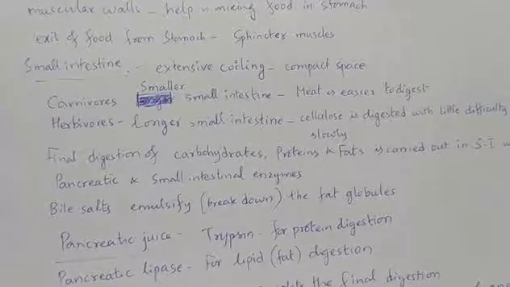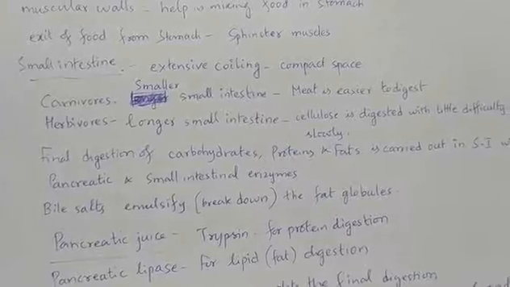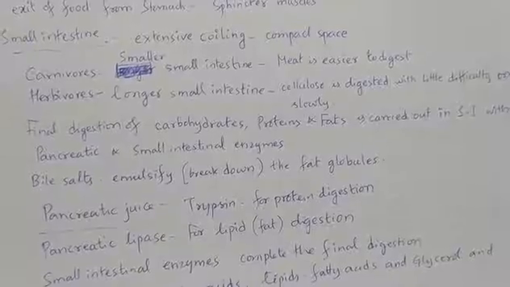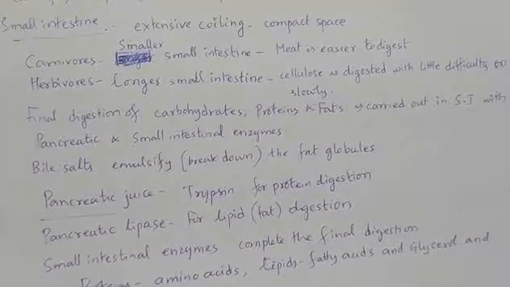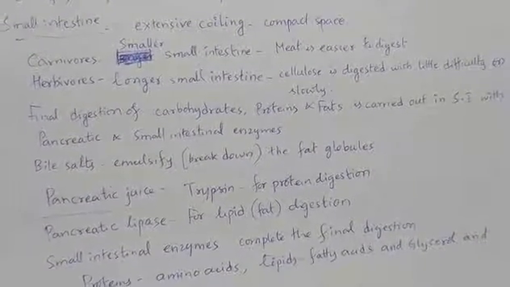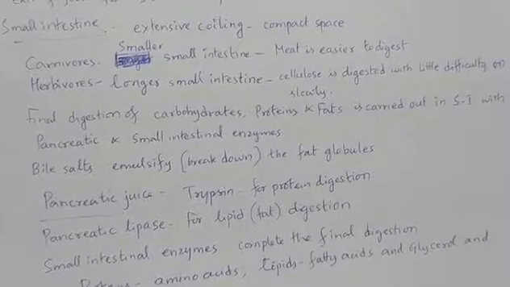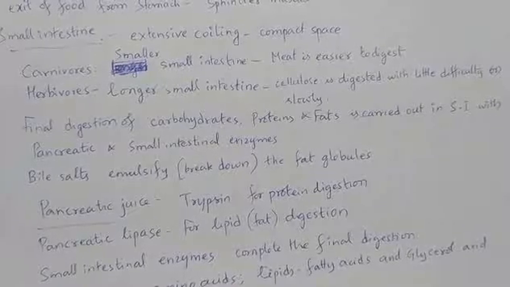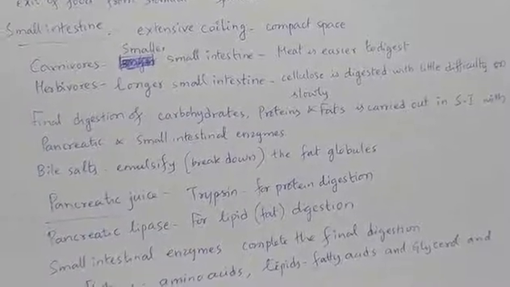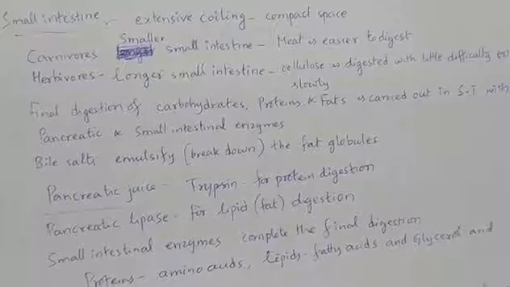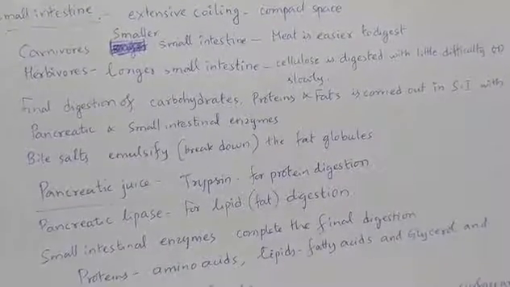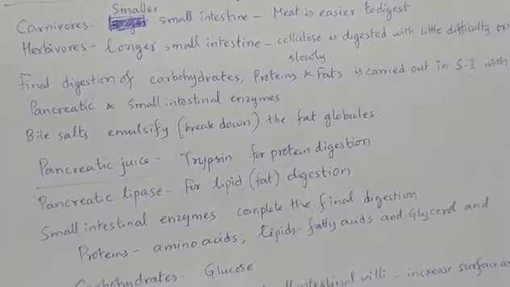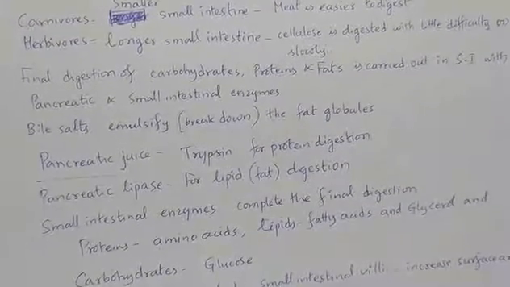The small intestine is a little smaller in carnivores because meat is easier to digest, whereas in herbivores, the small intestine is longer because cellulose is digested with difficulty or slowly.